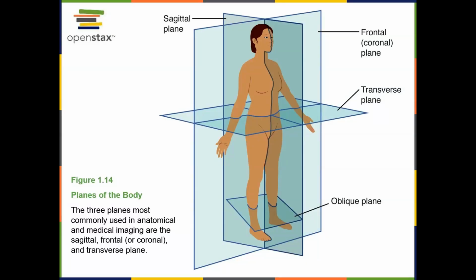A frontal plane, also known as coronal plane, is also a longitudinal plane. However, the frontal plane divides the body into anterior and posterior portions. In contrast to these longitudinal planes, the transverse plane is horizontal, dividing the body into superior and inferior portions.